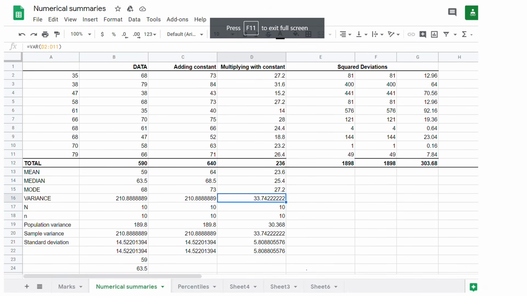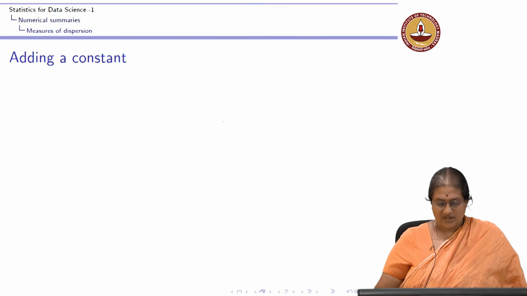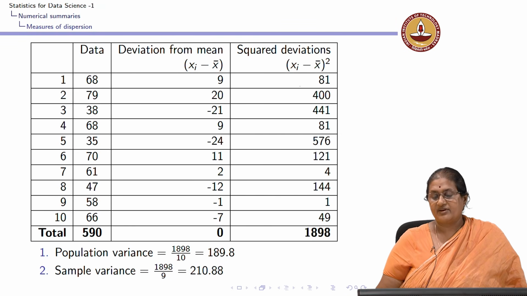Okay, so now let's look at how to compute this using our Google Sheet. In our Google Sheet, my data is what I have highlighted here. Now if you look at this portion, this is the squared deviation. B2 is my data point, and B13 is my mean, whole square. This corresponds to the 81 I have here.